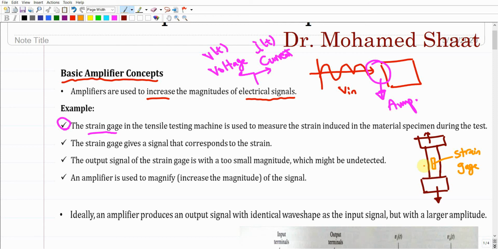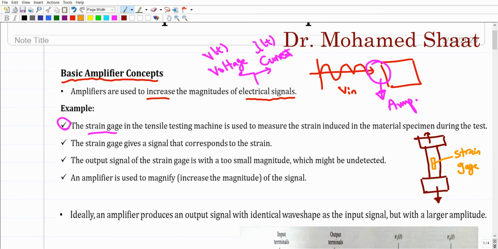So this sensor delivers an electrical signal which is very small, with very small amplitude, that can barely be seen or observed by the machine, the machine control unit or the mother unit of the machine itself.